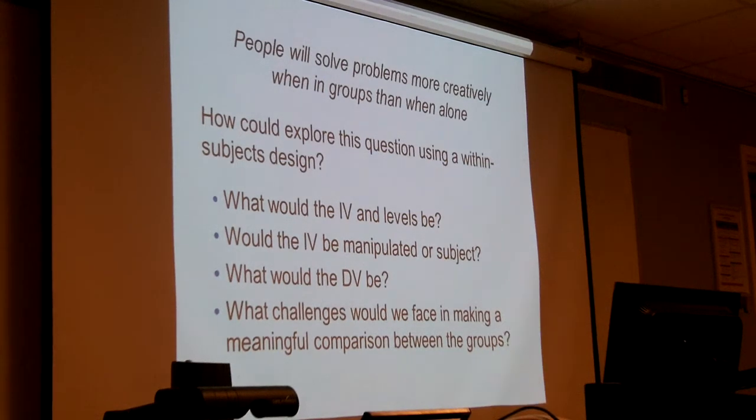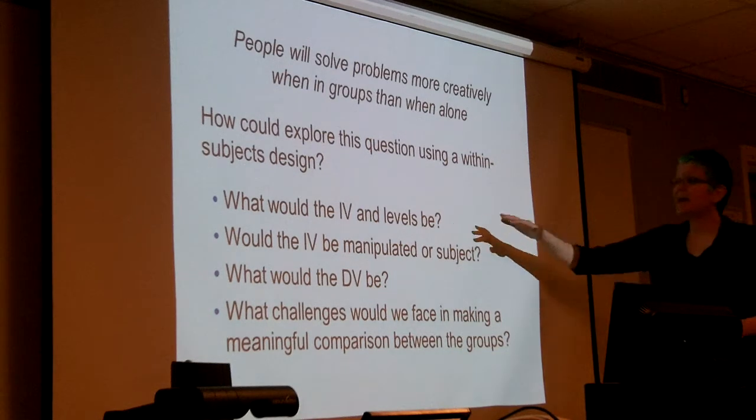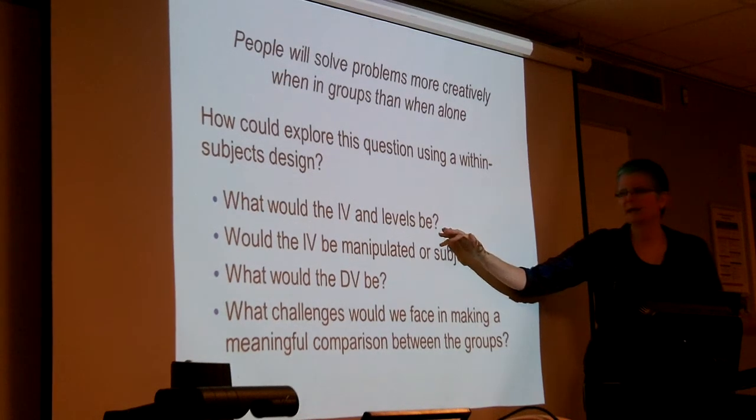And then once they've completed that condition, they're going to get randomly assigned to the next condition out of the 2 that are still available. And then their last one will be predetermined because they will have completed the other 2. Okay, but we can still randomize the order in which they start. And so this is still considered a manipulated variable. But other than that, the IV and the levels would be the same.